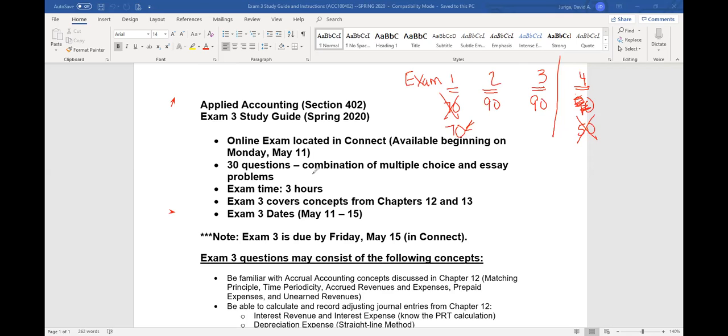And that's really what that exam 4 is about. I'm just going back and testing your knowledge over the basics of chapters 1 through 6, which most of you already have down at this point. Since if you're in this chapter, you probably have an understanding of a debit and credit and how to record debits and credits. You understand the journal and the ledger concept as well. Okay. So that's where we're at.